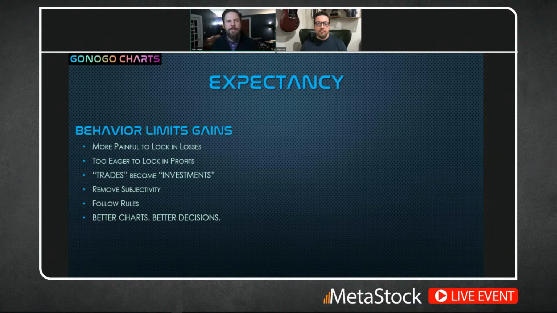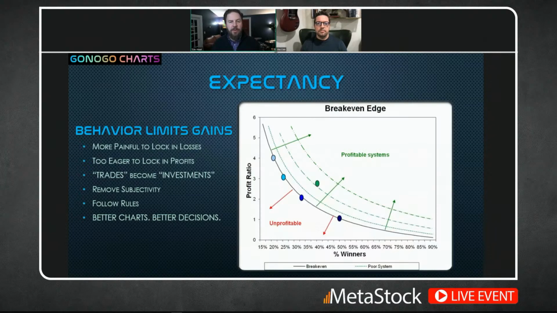So we're going to talk about the expectancy formula and the idea that if you let winners run, you can capture outsized gains. And if you can cut your losers short, when you're wrong, when you place a trade and it works against you, if you can get out of those quickly, you have the chance to make money over time. You don't have to be right all of the time.